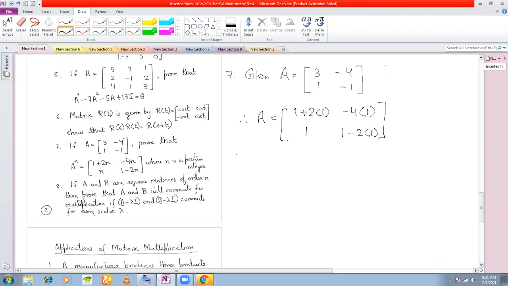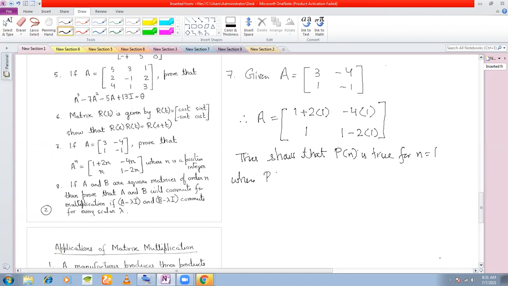This shows that Pn is true for n is equal to 1, isn't it? Where Pn is what statement?